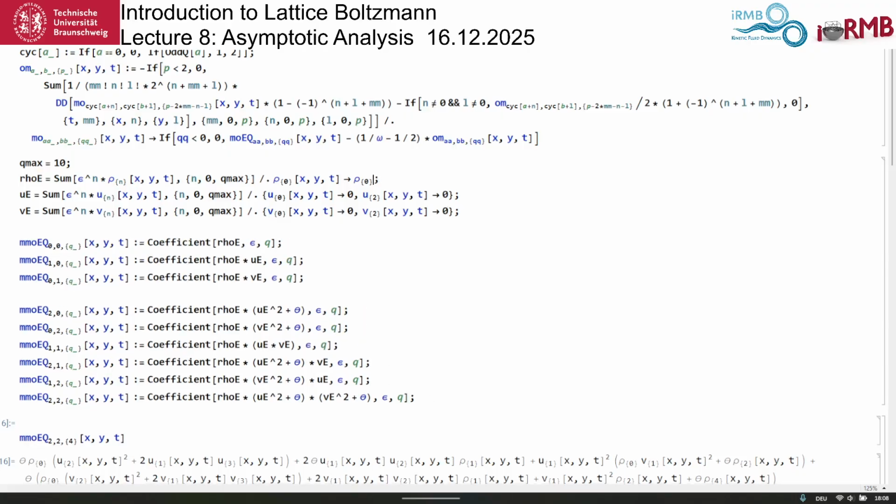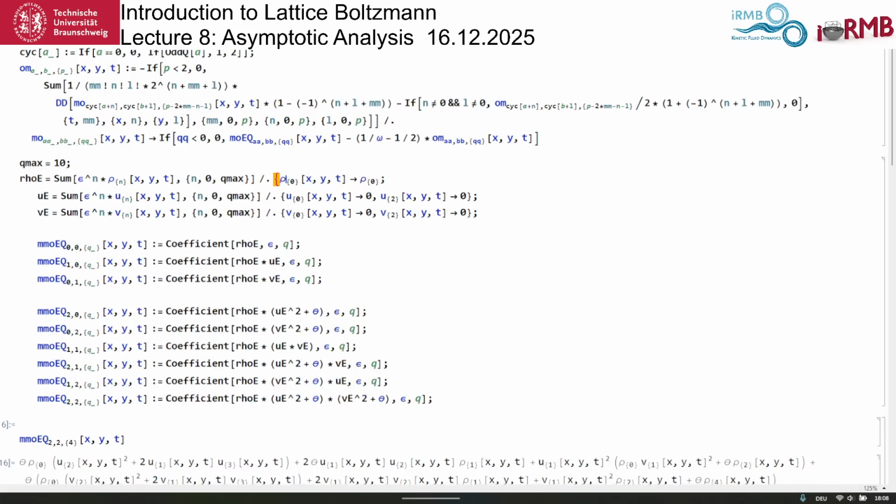And here we have to be even a little bit more complete. So we have to say that the first disappears, and that the third disappears.